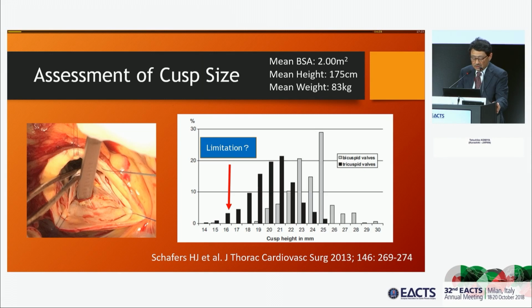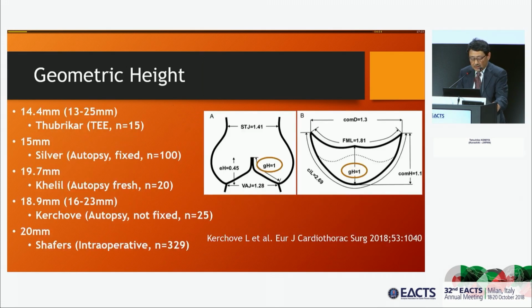Dr. Schäfers suggests that 16 millimeters of geometric height is a limitation for aortic valve repair. And so this is my aim for the study. There are a few reports regarding geometric height, but for the moment, normal geometric height is not determined.